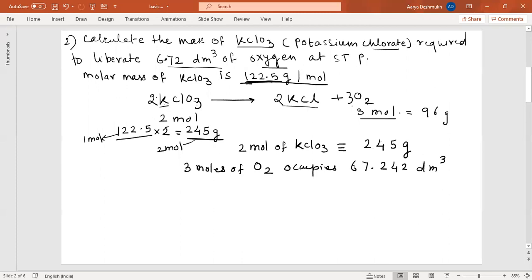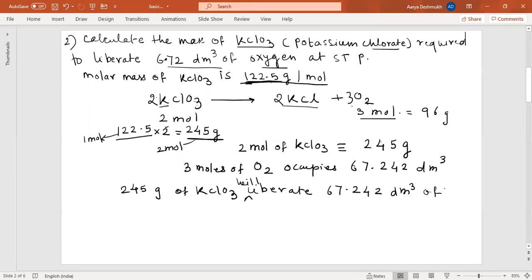Before coming to this, we can see directly here that 245 grams of KClO3 will liberate 67.242 dm cube of oxygen at STP.